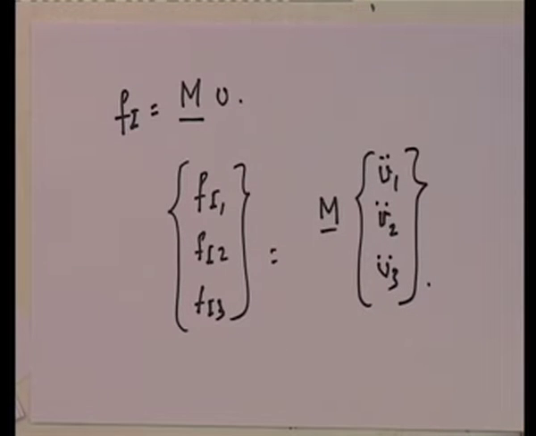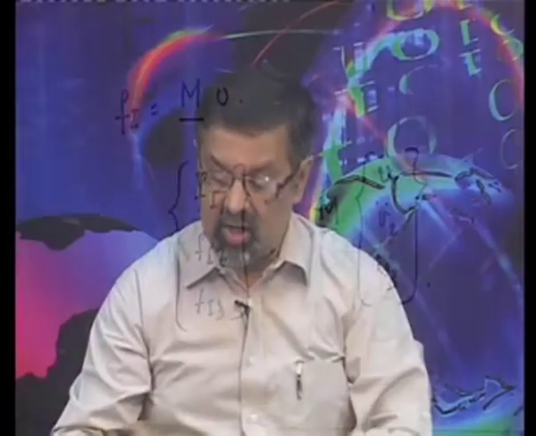Now, this is the mass matrix. Up till now I have only talked about how to get the stiffness matrix. Now, the question becomes, how do I get the mass matrix? If you look at the mass matrix, all we have to do is go back to the elemental level.